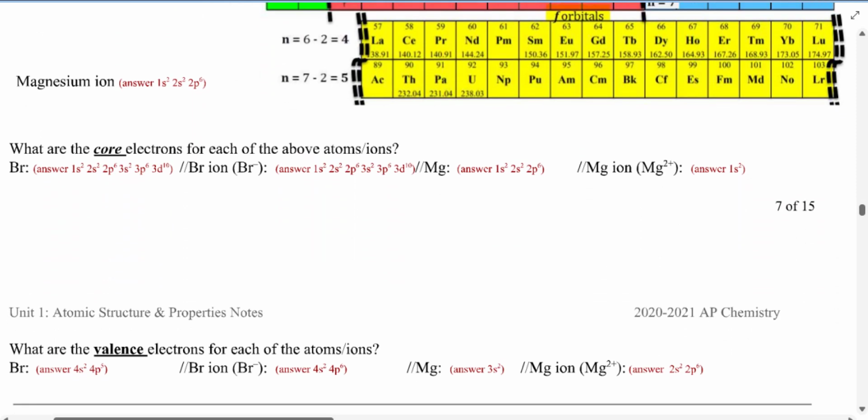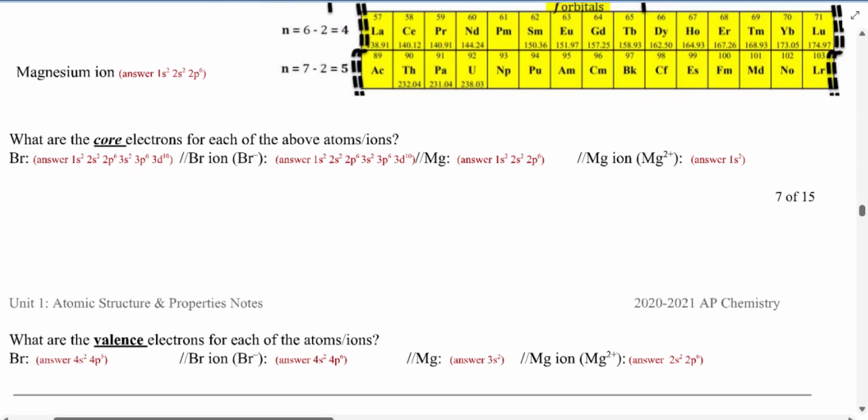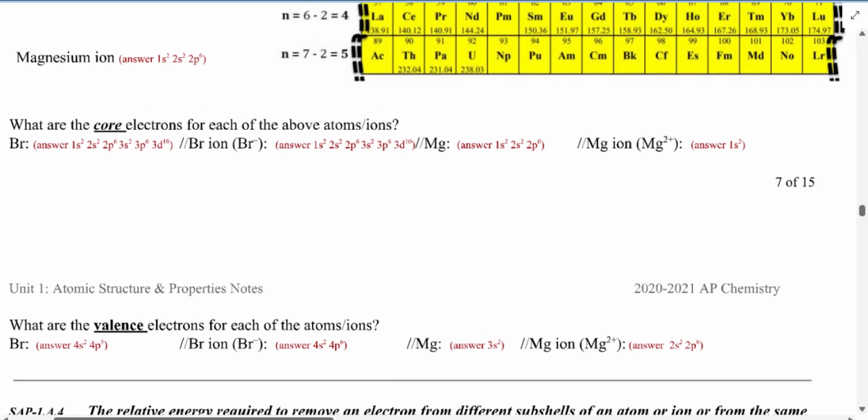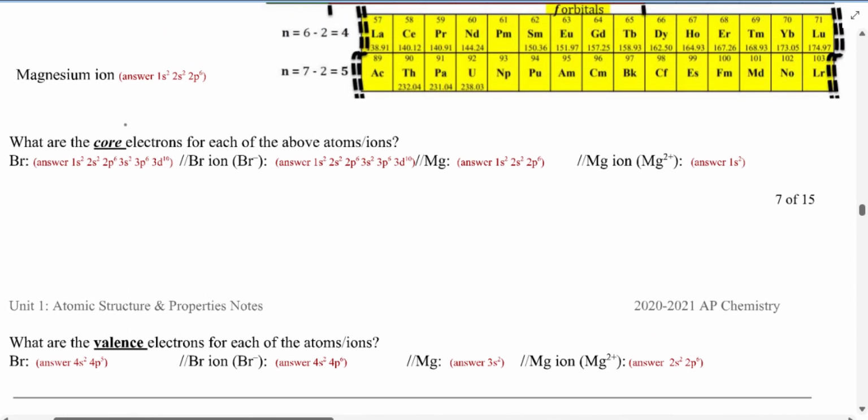Then we're going to move along to one of these right here: the core electrons for each of the above atoms and ions. Remember, your core electrons are the non-valence ones.